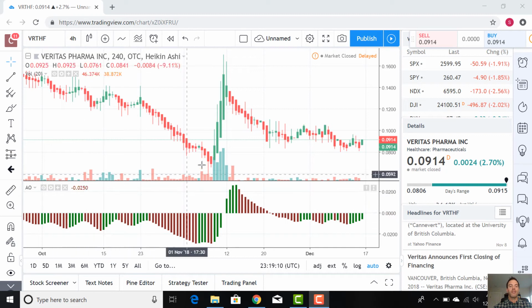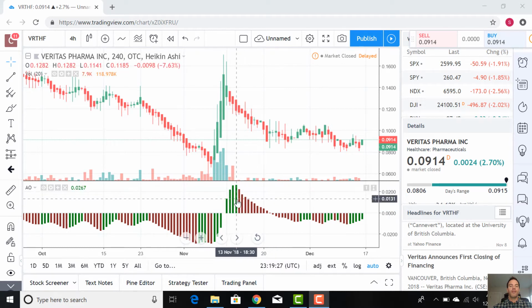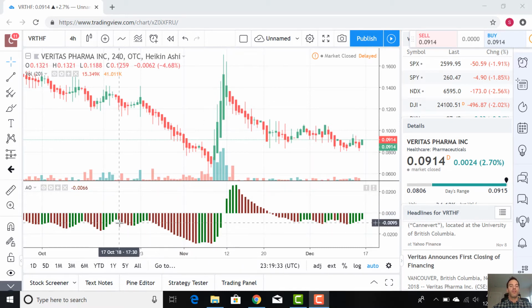The awesome oscillator is the difference between two different simple moving averages. One is a longer period of 34 and one is a shorter period of 5. So you can see it oscillates as a histogram above and below 0. When it's above, the short is higher than the longer period, and vice versa when it's below 0.